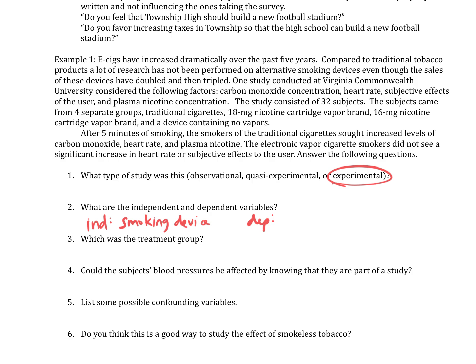So this was their information that they're given, so I make an observation and make an assumption based off of that. Does that make sense? Okay. Dependent. So the three different things that they're testing, which is carbon monoxide, heart rate, and plasma nicotine.